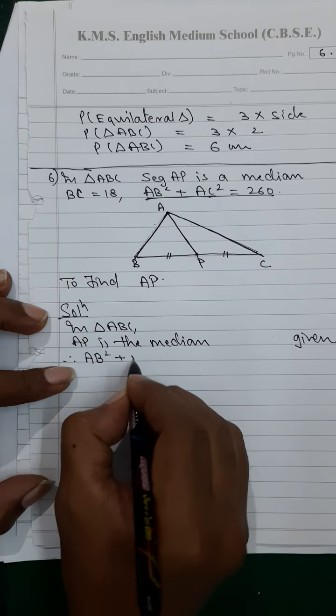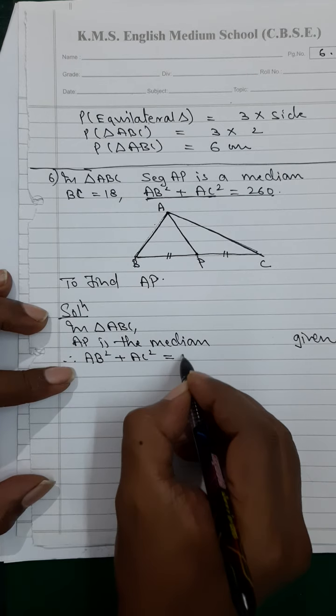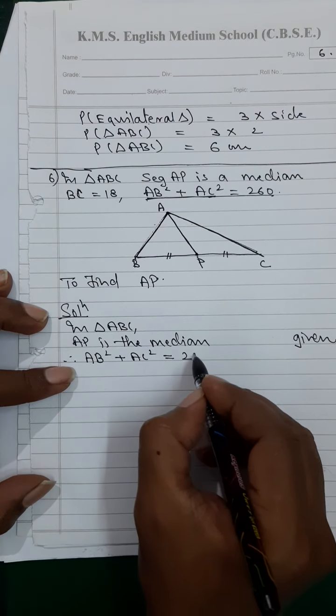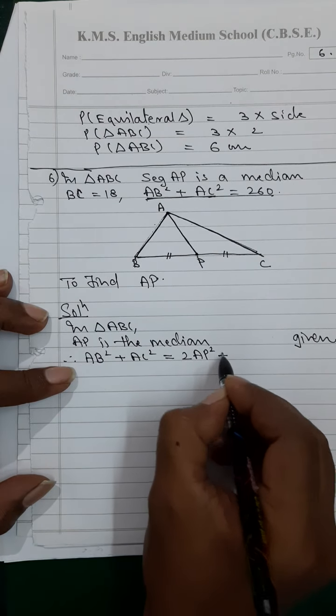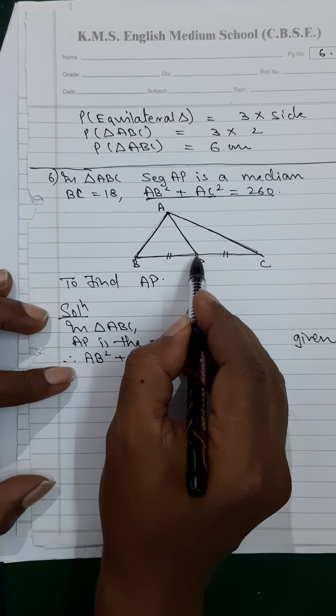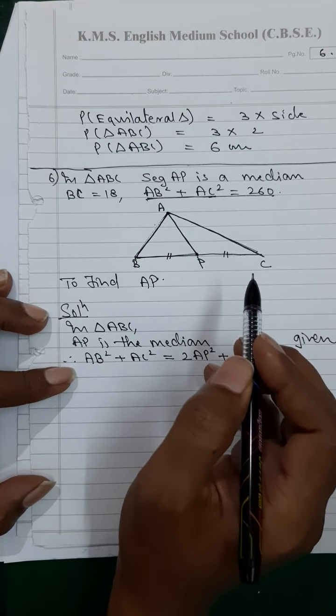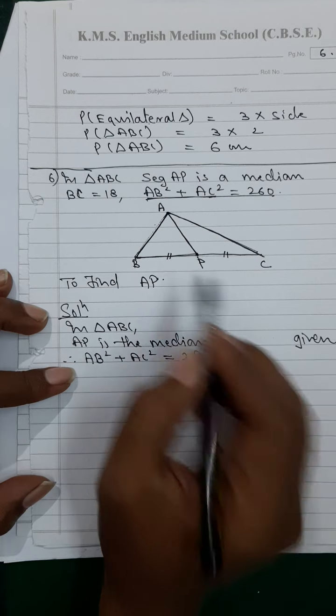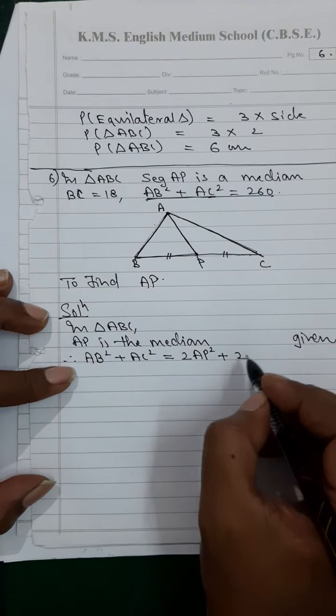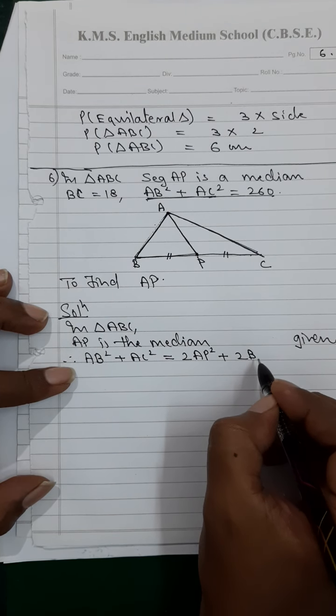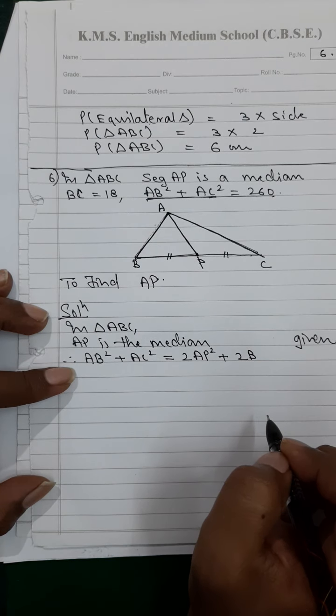AB square plus AC square is equal to 2 into the median itself, AP square, plus 2 into, you can take any of BP or PC, but it's okay, I can take BP square.